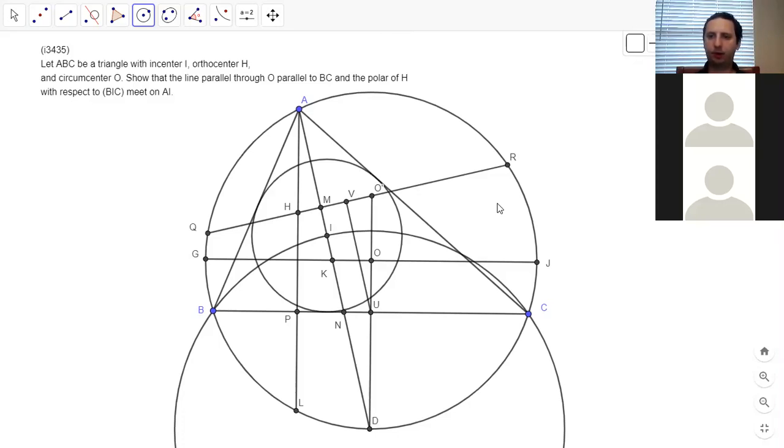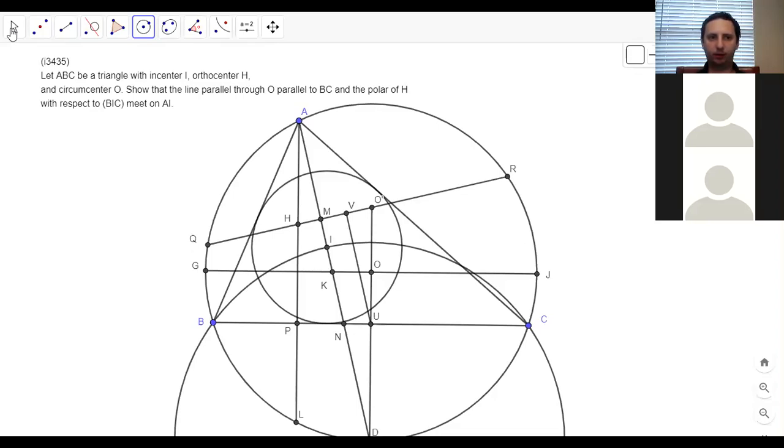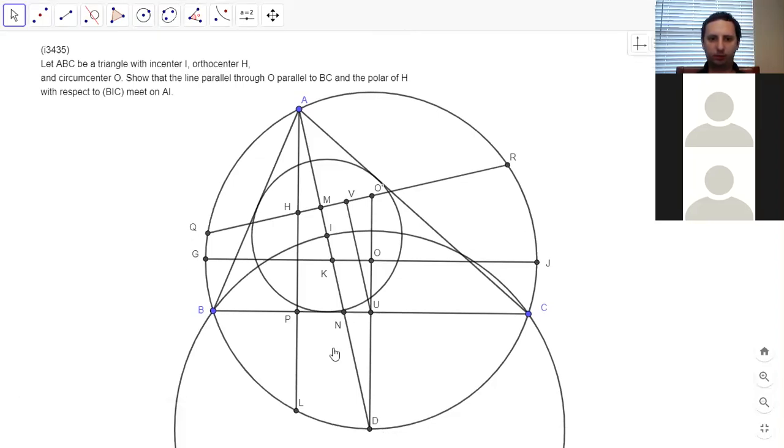I think Serdar said it was a length chase, right? We have to show that DK times DM is DI squared. And that's the same as showing that HO prime is perpendicular to AB.